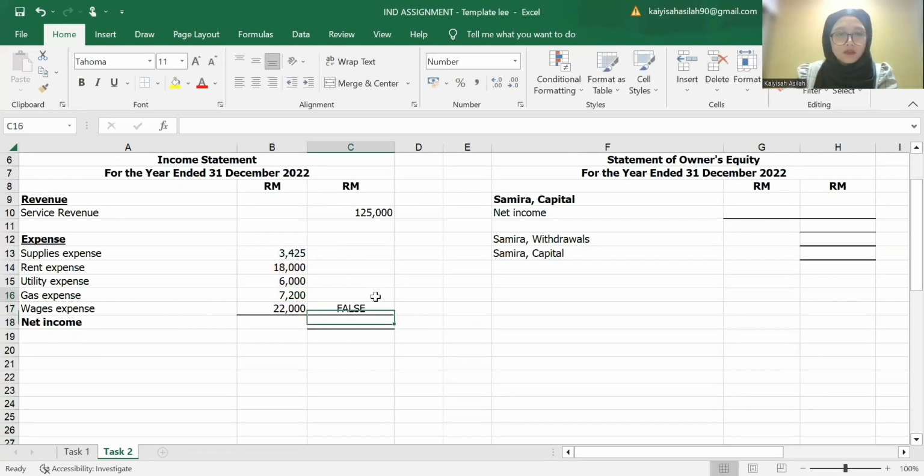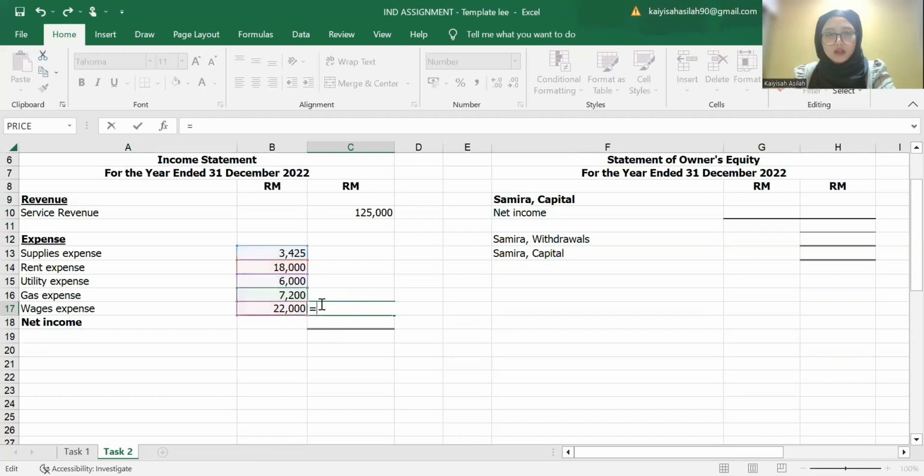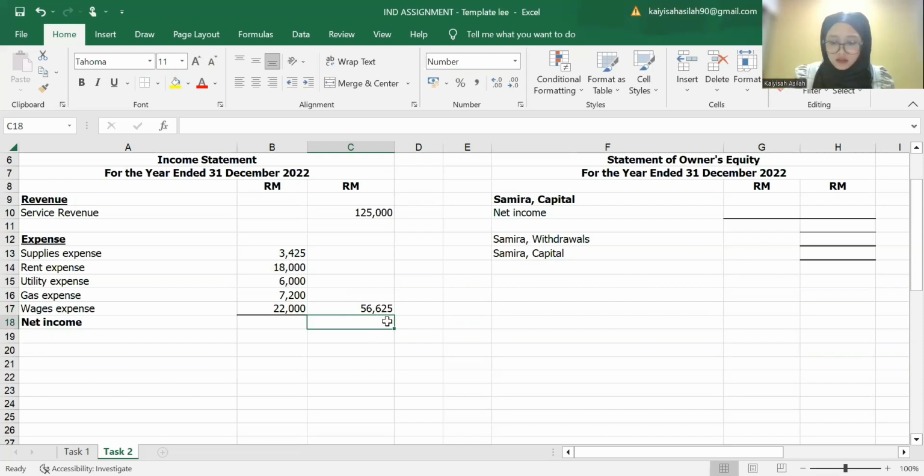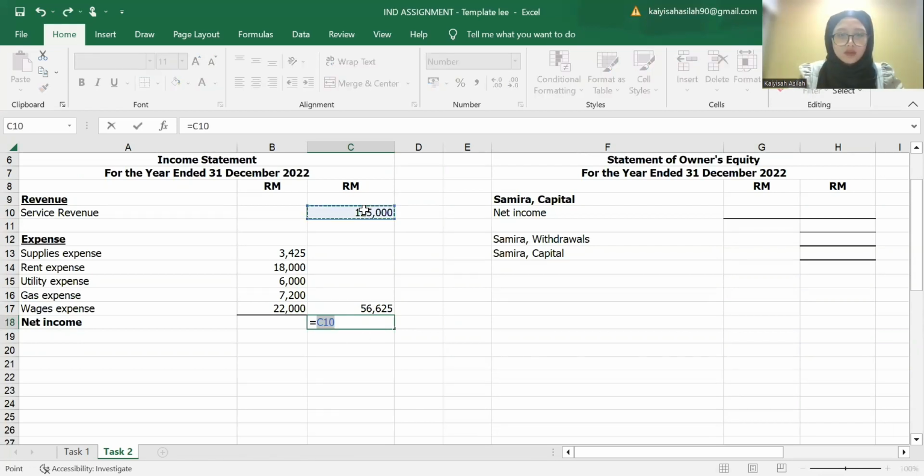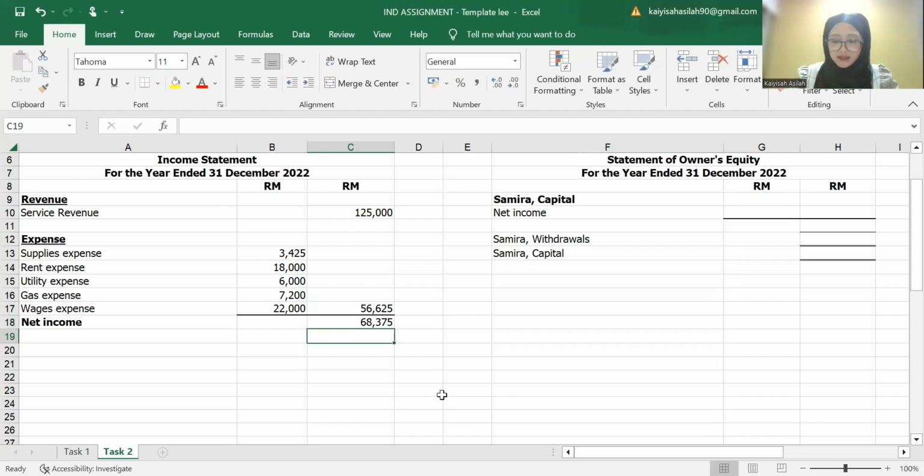And then enter 56,625. To get the net income, I have to take the revenue minus the total expenses. So I get 68,375, and this is the net income.